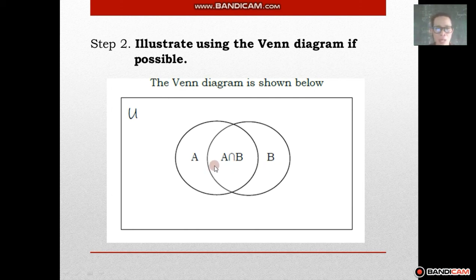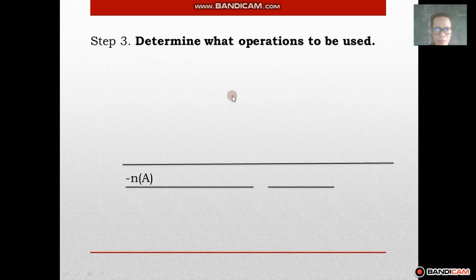Set A is being represented by this circle here, and set B is being represented by this circle here, and their intersection is being represented by this area here, this region. All right, now let's proceed.